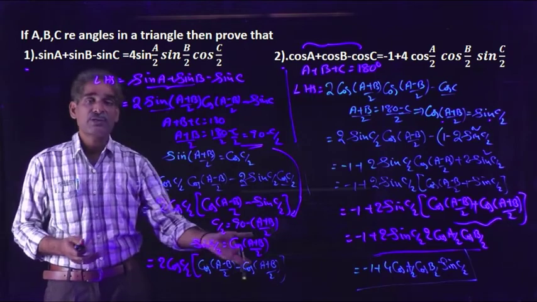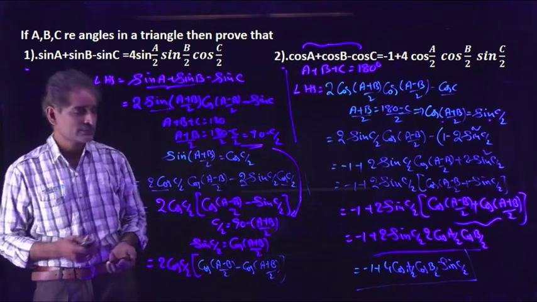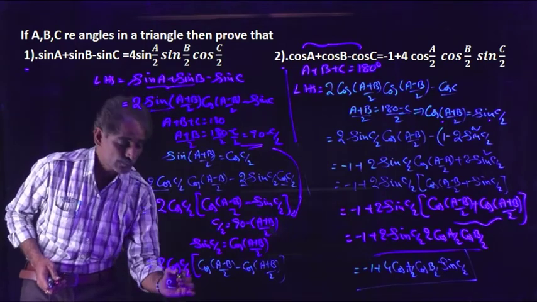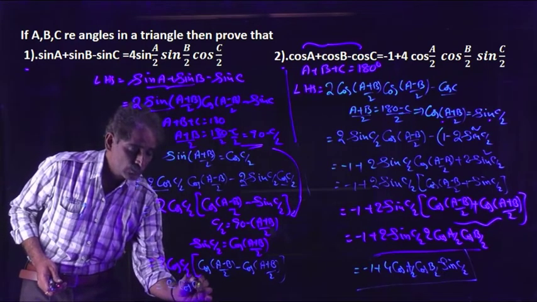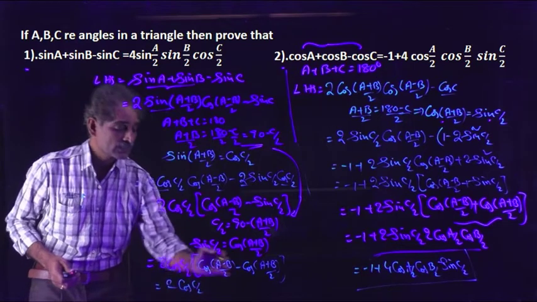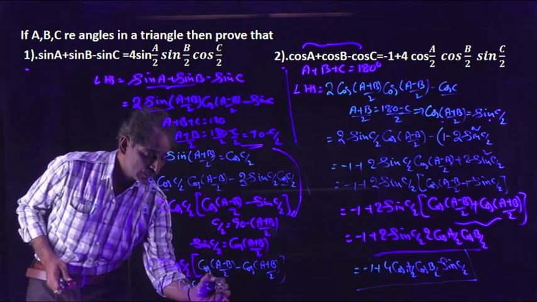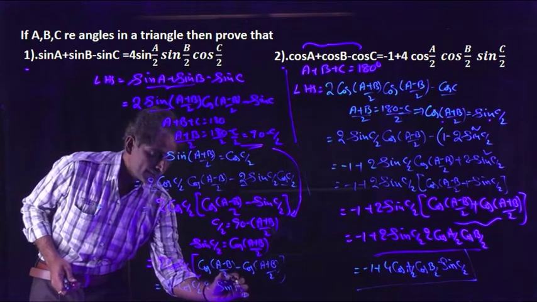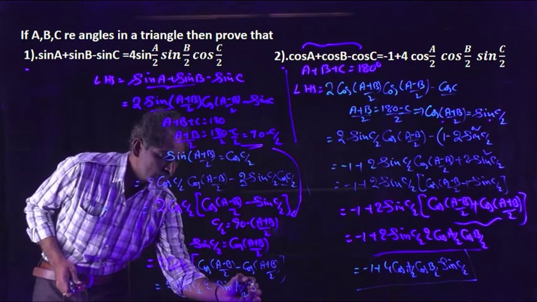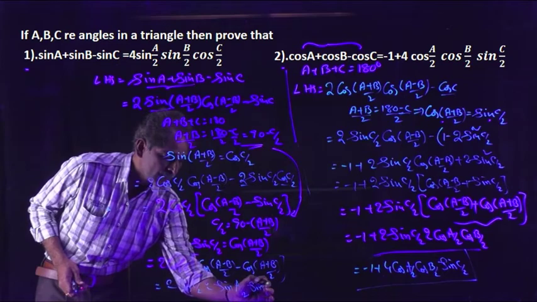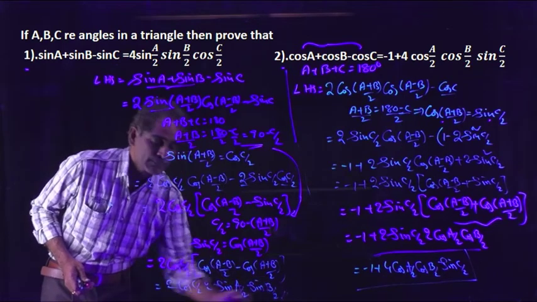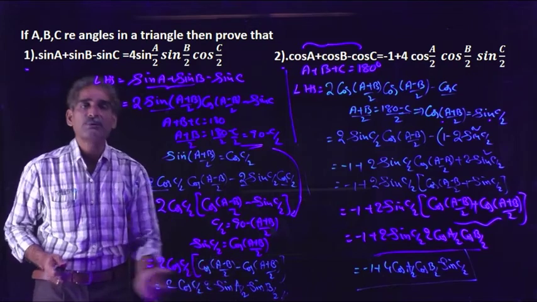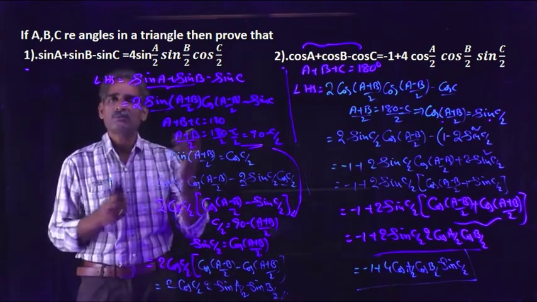But in place of a and b, there are a by 2 and b by 2, no problem. So here we can write 2 into cos c by 2 into 2 sin a by 2 sin b by 2. It is nothing but 2 into 2, 4. So 4 sin a by 2, sin b by 2, cos c by 2. That is what we require.